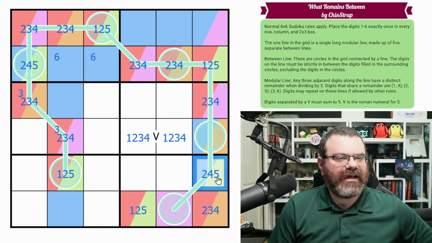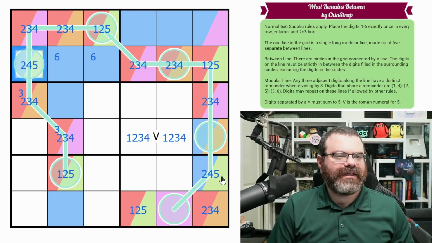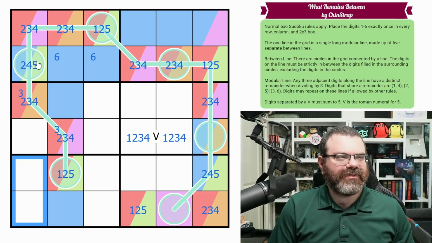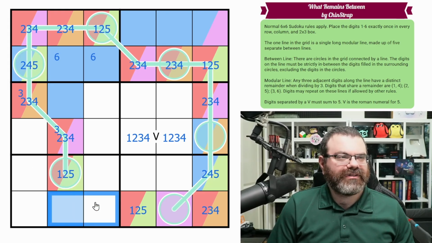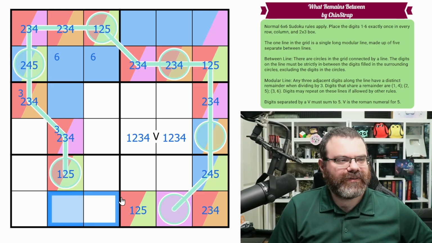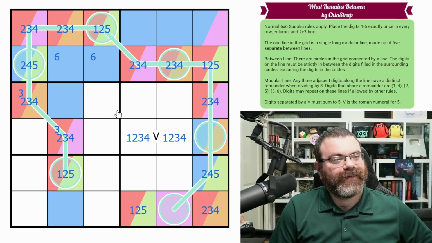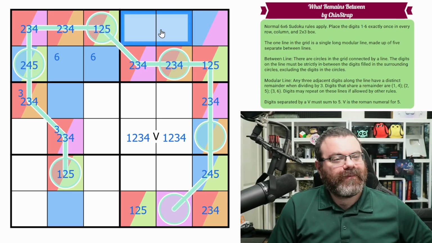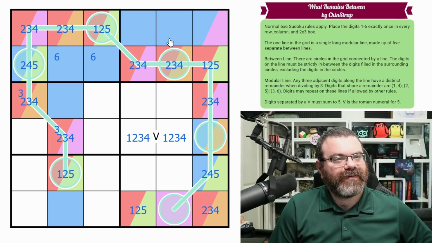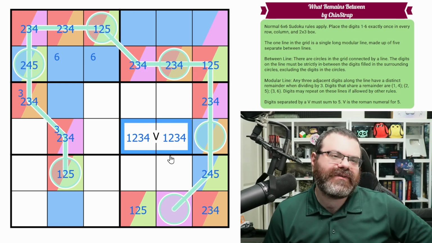We have this blue green here and this blue green here. So one of these two is the blue green digit, but I don't know what to do with that. Huh. We also need one of these to be green. Is there more that I've kind of just missed here? It's got to have to do with this V.